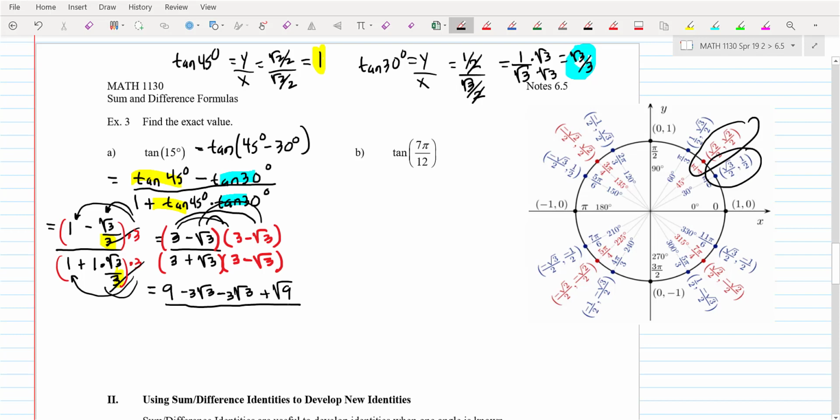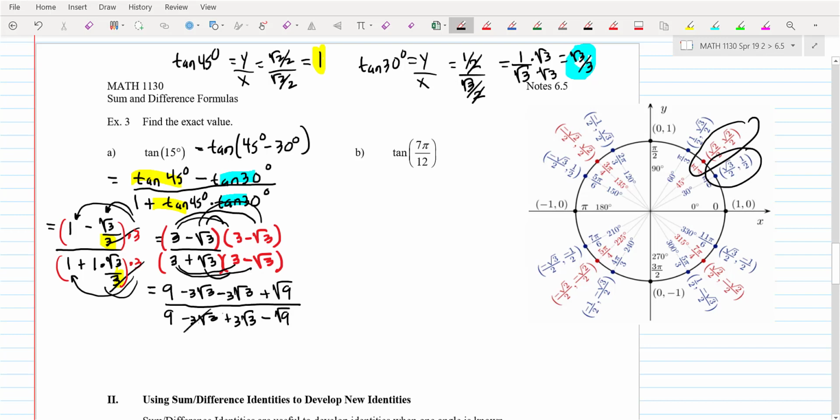I'm going to go ahead and FOIL the bottom part, but you can do a shortcut if you know what you're doing on this. So the bottom, 3 times 3 would be 9. The outside term would be negative 3 root 3. The inside term would be plus 3 root 3. And then the last term would be minus square root of 9. So just be careful with your FOIL.